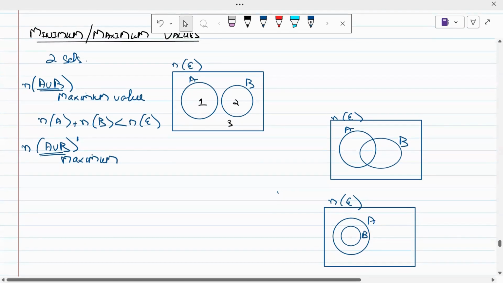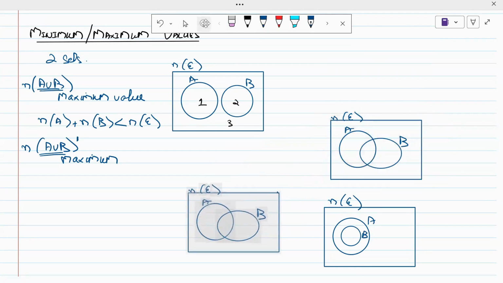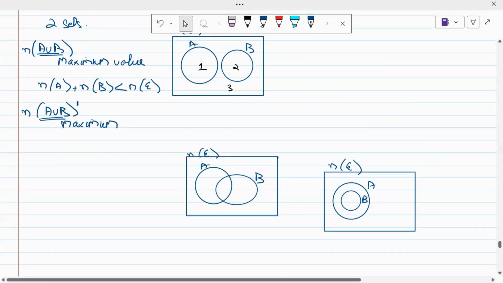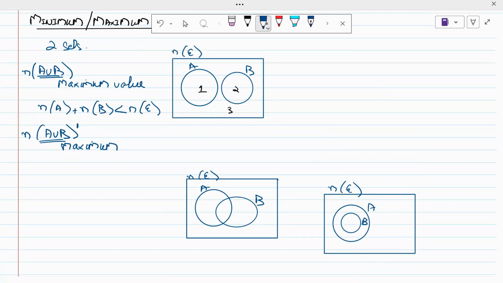Second thing, we are discussing the case of the intersecting set. And yes, one more thing: the disjoint set is also used when you have the intersection to be minimum.